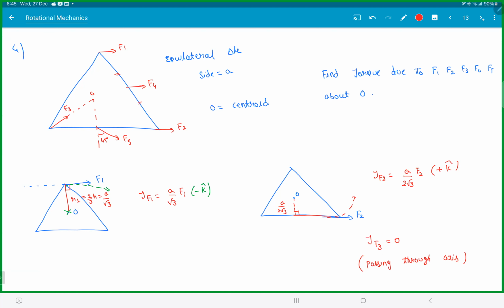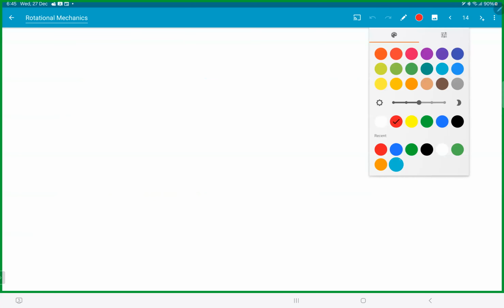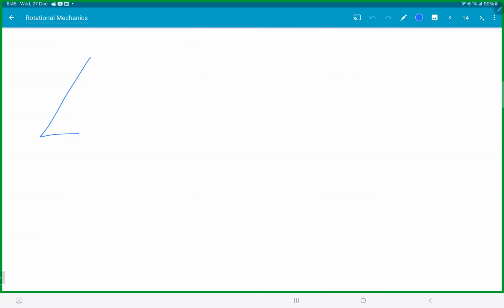Now see F4. The problem with F4, I can take the perpendicular distance thing, but it looks more messy. But if you draw a line from here through the centroid, this angle will be 30 degrees.